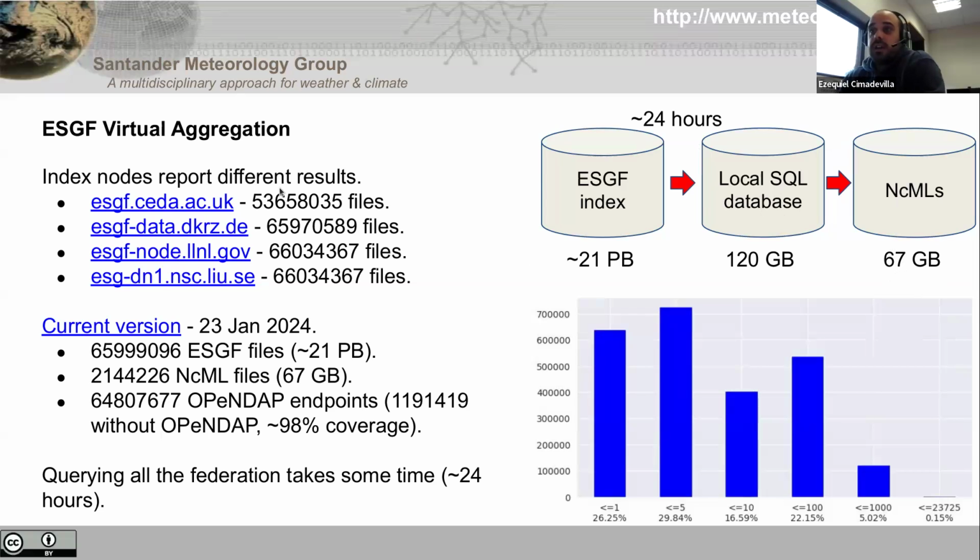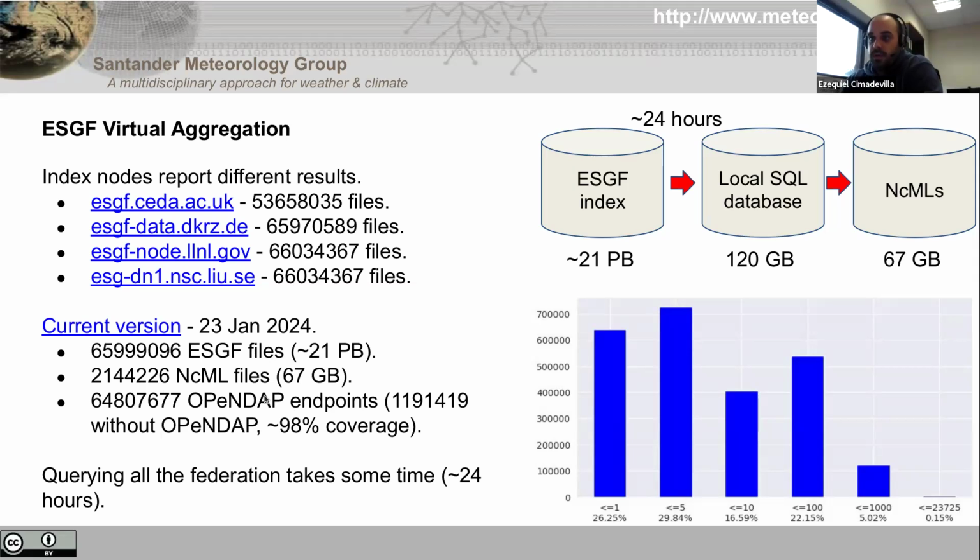There are also some inconsistencies in the number of files that are reported from the different index nodes in the Federation. But there are roughly 66 million files for CMIP6, and the last scan I did, on January 23rd, I got data from almost 66 million files from CMIP6, and from these ESGF files, I generated more than 2 million NCML files.